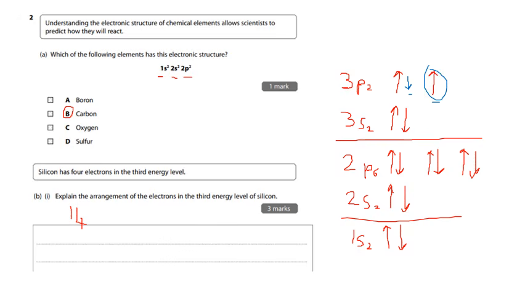So that fills up first. And as I said, if you want to, we can call these x, y, and z. Let's just get rid of that. And so n equals 3 is this, and that's what it's asking for in the question.